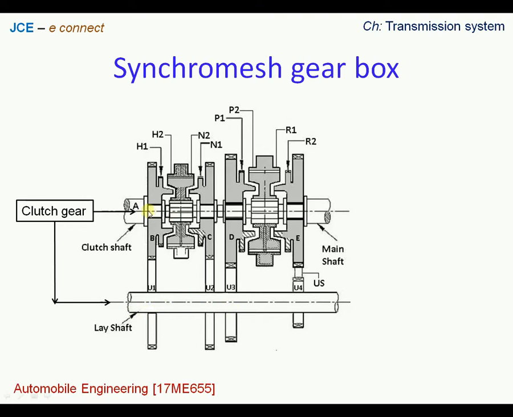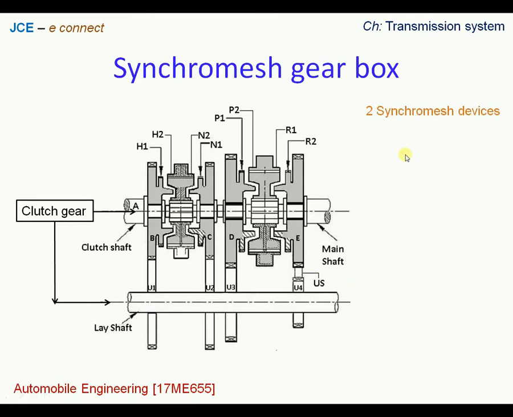Onto the main shaft, we have again a set of gear wheels which are numbered B, C, D and E, and these gears are in direct contact with the gears on the lay shaft, which means that the rotation of the lay shaft is going to set in motion the gear wheels which are mounted on the main shaft.